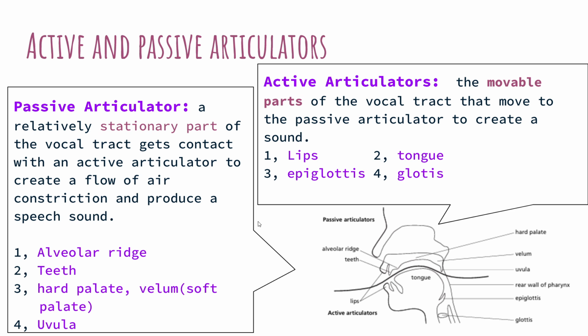A passive articulator is a relatively stationary part of the vocal tract that gets contact with an active articulator to create an air constriction and produce a speech sound. Passive articulators include the alveolar ridge, the teeth, the hard palate, the velum or soft palate, and the uvula.